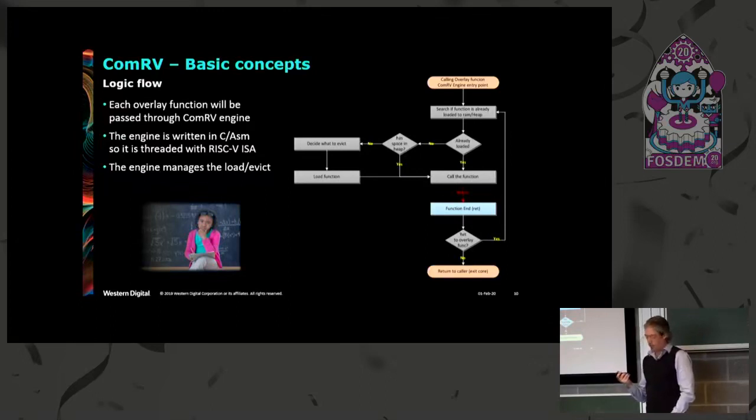That's the main workload: it will load or invoke overlay functions. It will also handle the evict algorithm as a cache concept, like an LRU or similar. Sorry, this is what the engine itself is doing, and it also has a fragmentation algorithm to close holes in the memory when you evict groups.